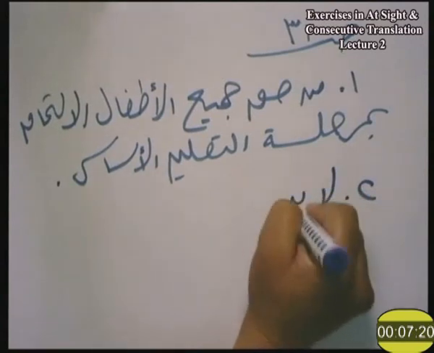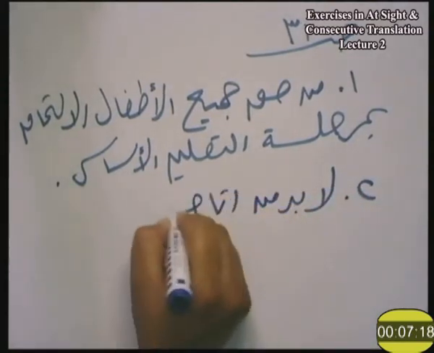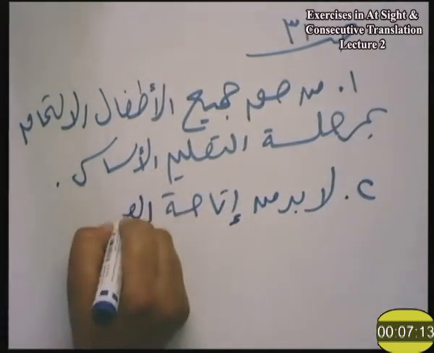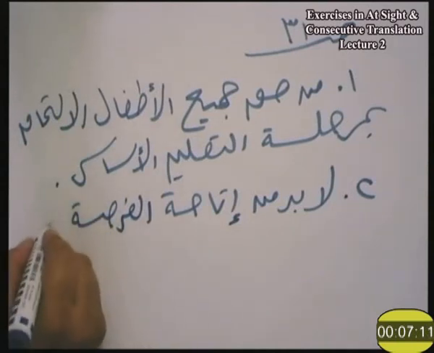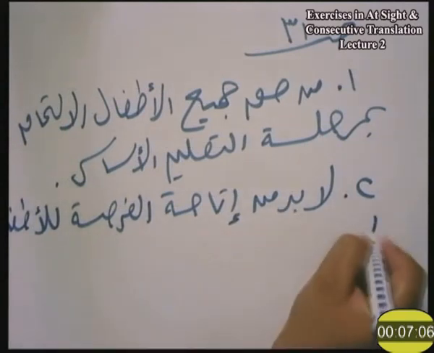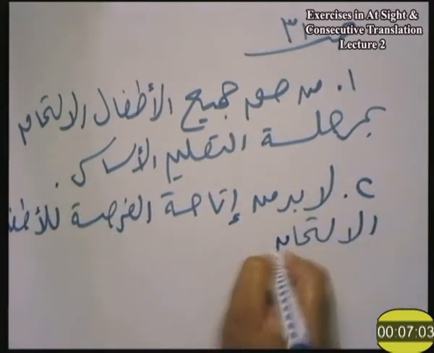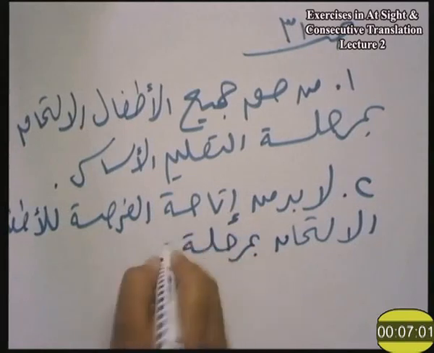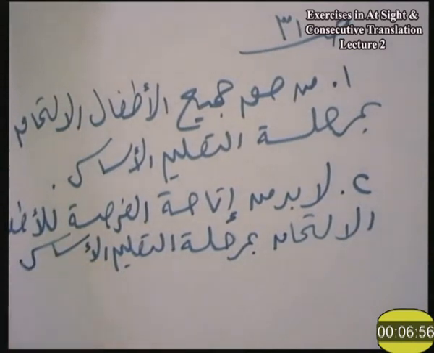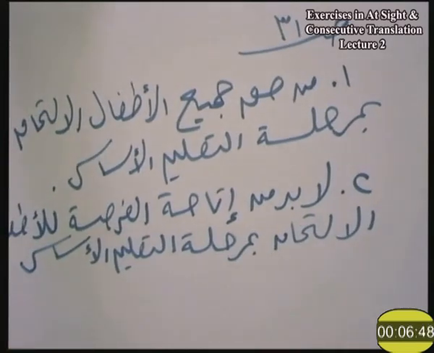Or لابد من إتاحة. You remember the sentence لابد من تمكين إتاحة الفرصة للأطفال الالتحاق بمرحلة التعليم الأساسي. So these are the translations for the very first sentence, which is all children should have access to basic education.